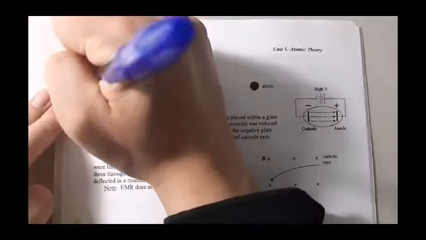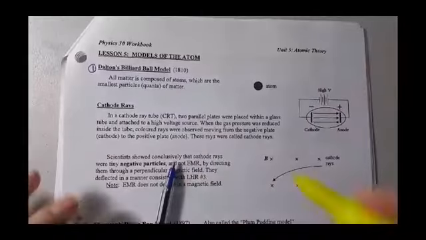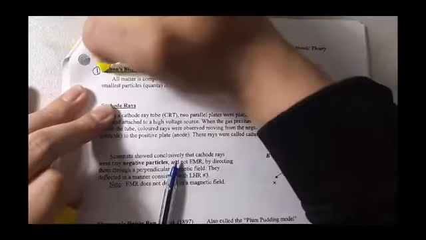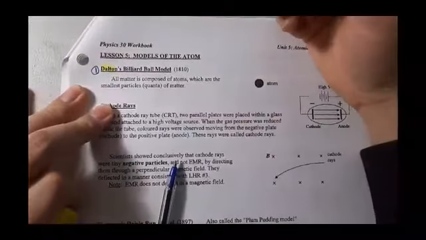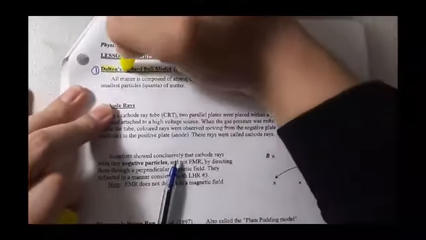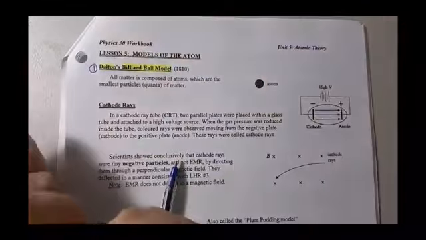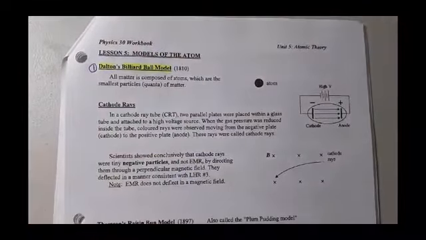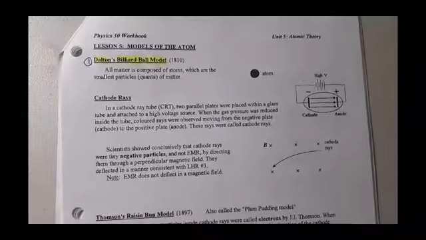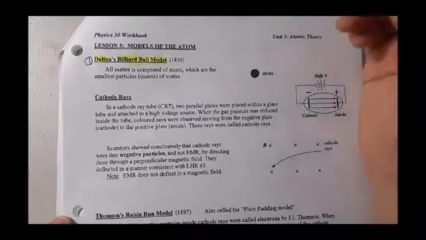The very first atomic model that was suggested by a scientist was, first of all, Dalton, and you learned this as the billiard ball model. The reason is that the atom is the smallest matter that you can have, and in Dalton's suggestion, there's no smaller part of that.